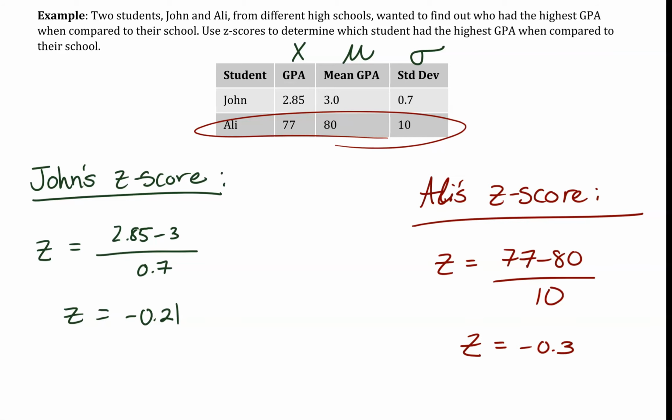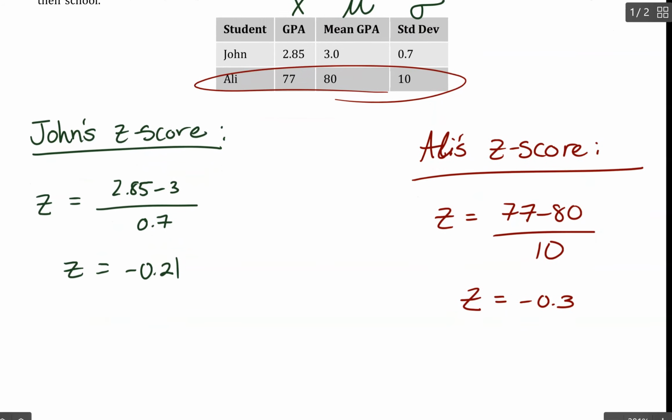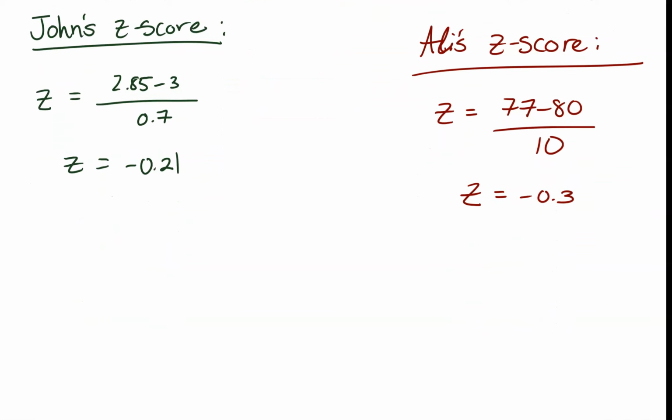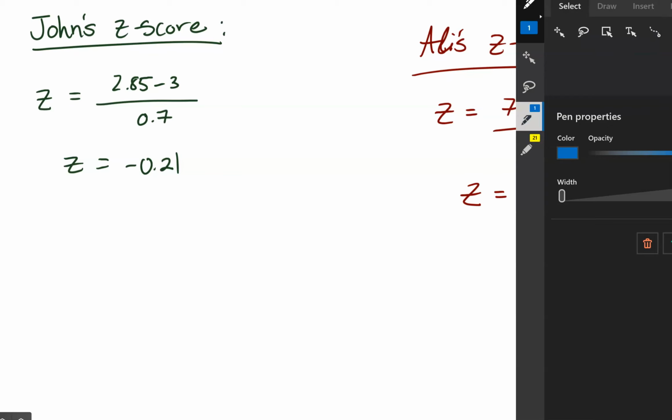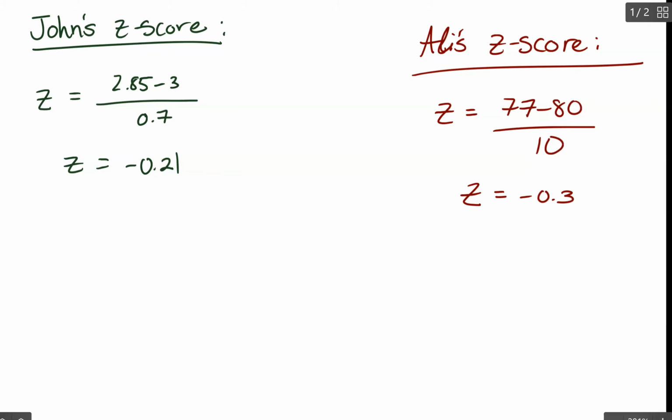So now I want to answer the question, which student had the highest GPA when compared to their school? We can interpret these z-scores by looking at them, and I see that John's z-score is 0.21 standard deviations below the mean of his high school.